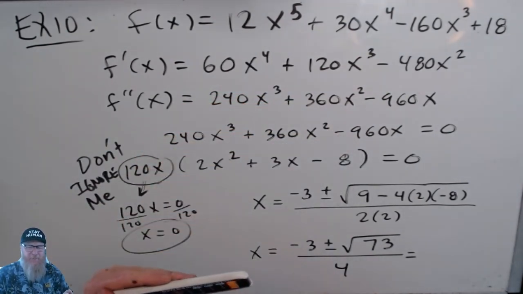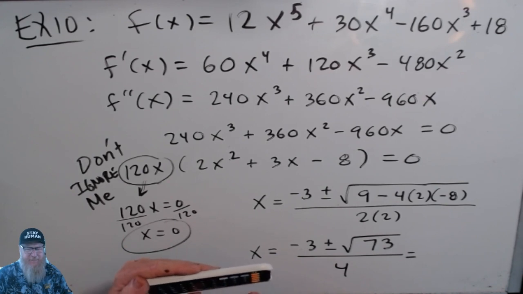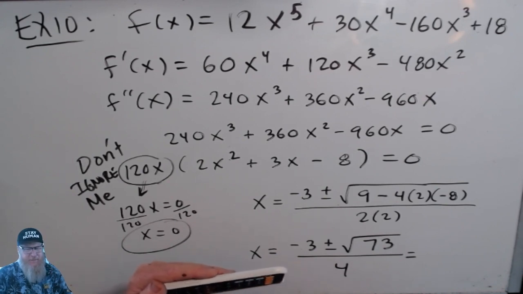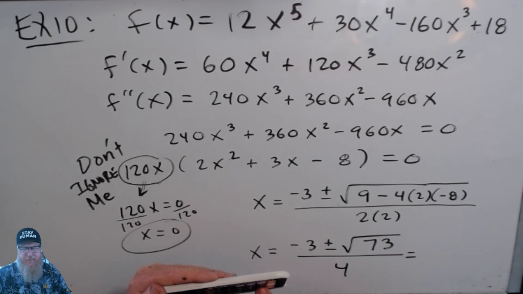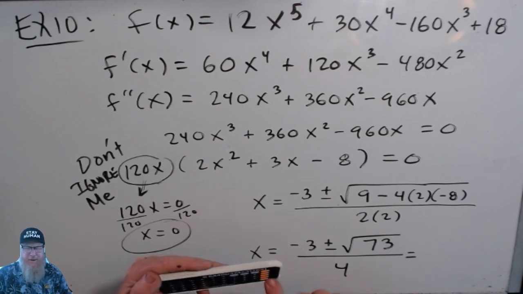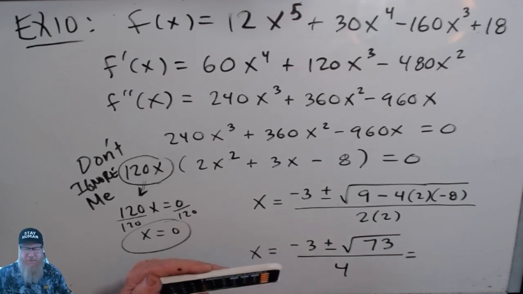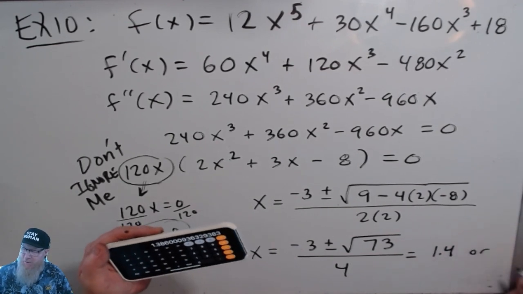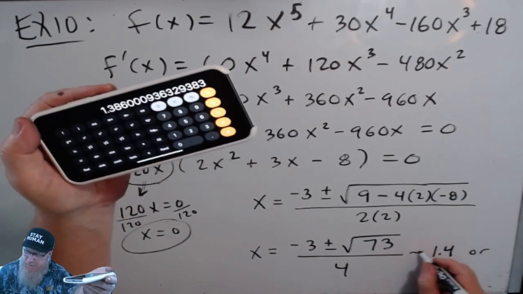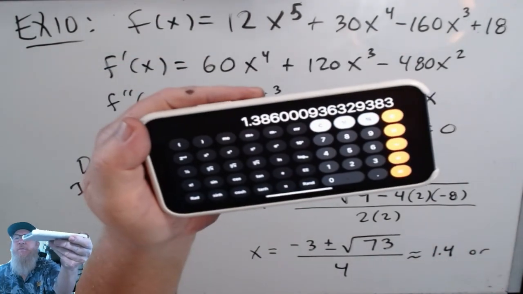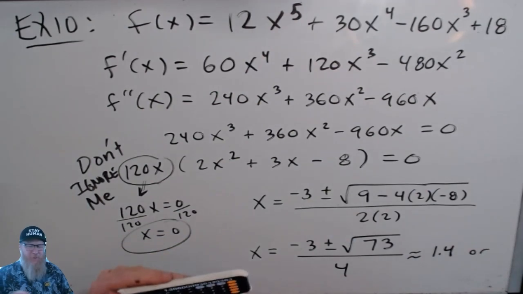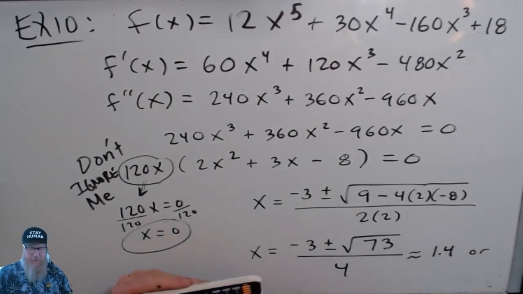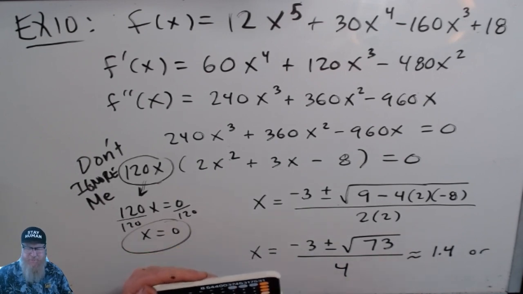And then plus -3. And then divided by 4. So that's 1.4. Or, and these are approximations now, 1.38, which is 1.4. The other one, 73 square root plus -3.